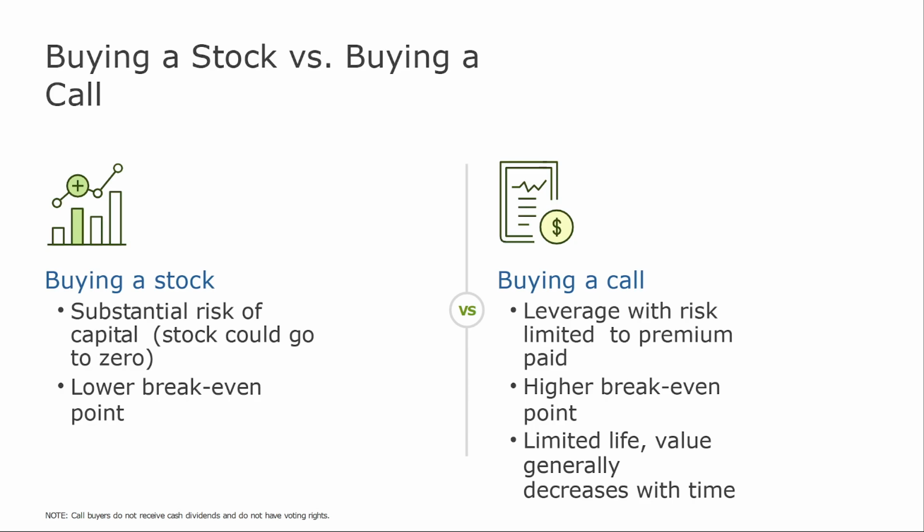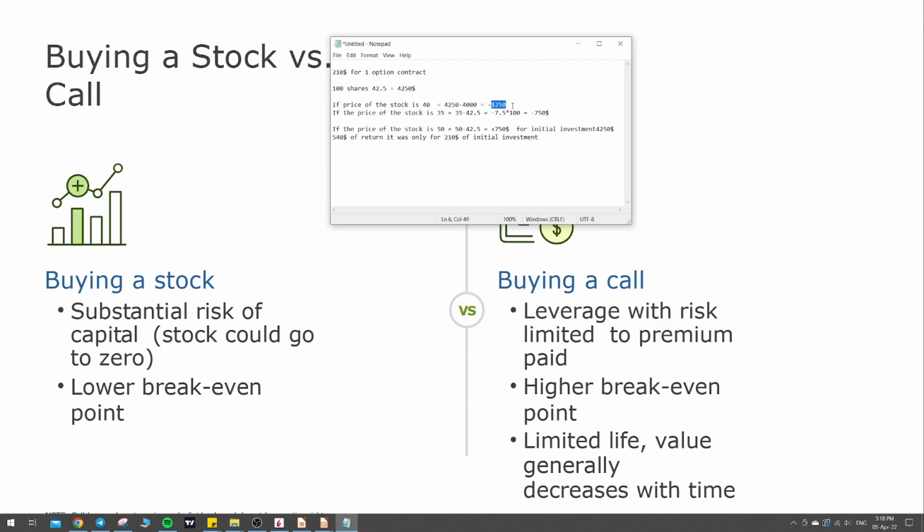With the stock, we would be break-even at 42.5 because it's the price that we paid. But with the option, we need to pay the premium, so our break-even is going to be 42.5 plus the premium, which in this case is 44.6 because the premium is $2.1.